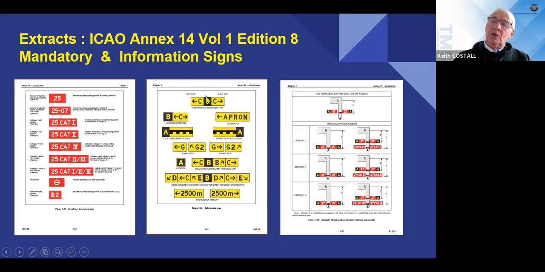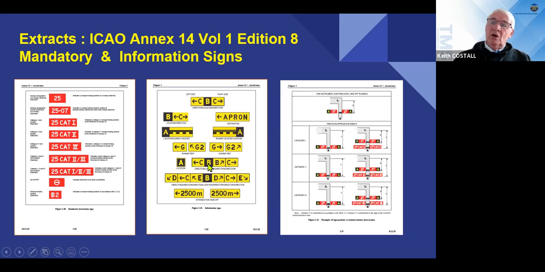Well, here it's telling me I'm on Taxiway Bravo as I approach this junction. And this junction ahead tells me it's a T-junction, and then I can go to the left or I can go to the right. But if I go to the left or to the right, then it's telling me I'll be turning onto Taxiway Charlie.